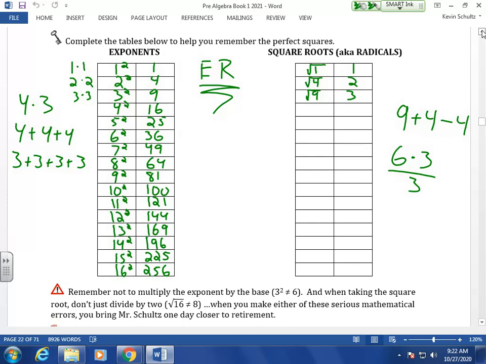So for exponents and roots, using this 3 here, if we square 3 to get 9, how do we get back to 3? If we square 3, 3 squared equals 9. From 9, how do we get back to 3?